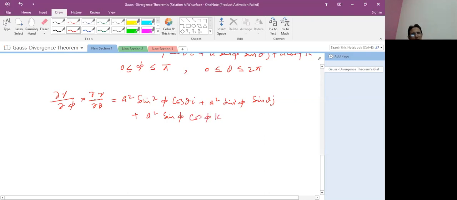And we find the cross product after the derivative ∂r/∂theta.